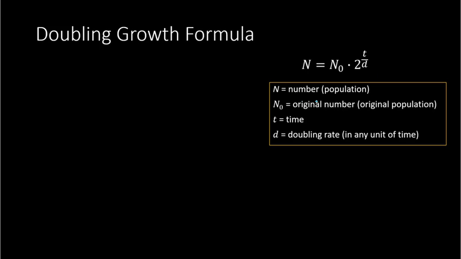Well, N is the number, or population, so it's the amount at the end, equals N sub 0. That's going to be the original number, or original population. The t is time, and the d is the doubling rate. So the doubling rate is how often it is doubling.